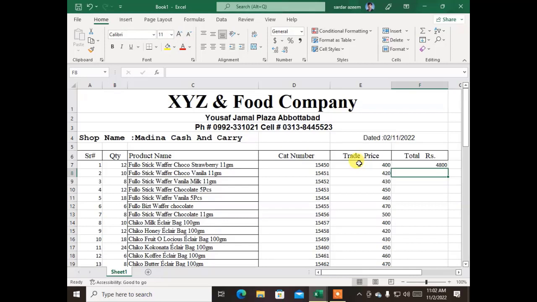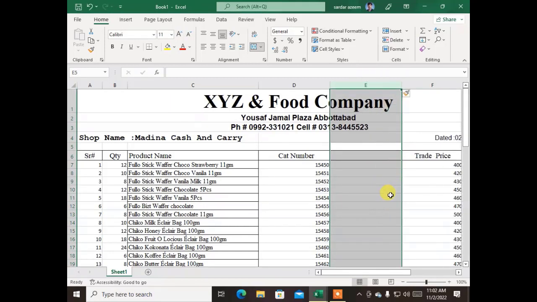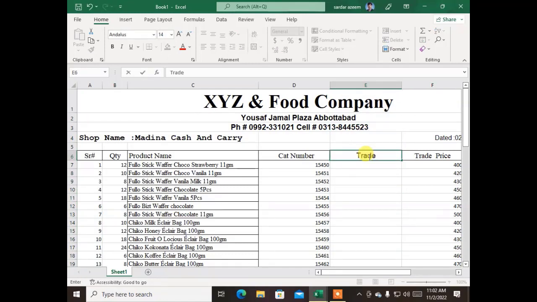There may be one more thing in this sheet that is not included here. If you want to include it, for example, I am going to cancel this total here, and I am going to apply this thing. I want to show you. For example, we say trade discount.